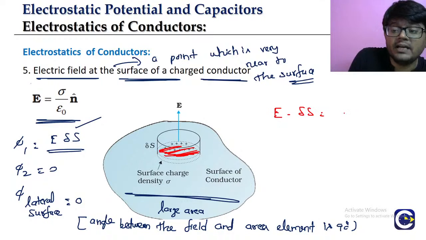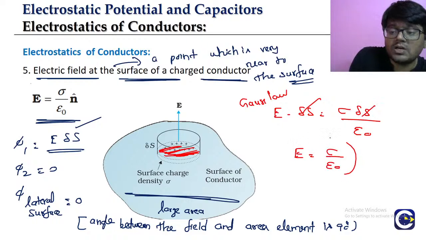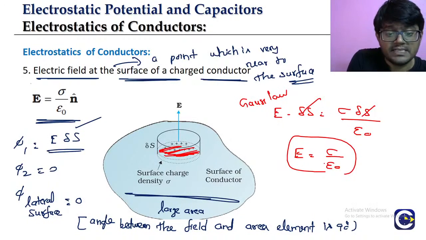The charge inside is sigma into delta S divided by epsilon naught. Gauss law. So delta S cancels out. What is this E? Sigma by epsilon naught.